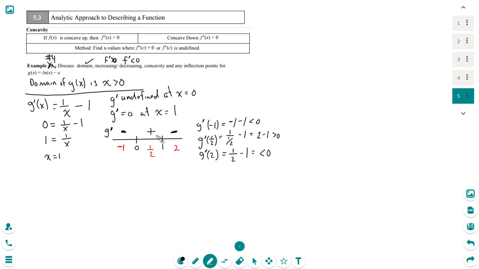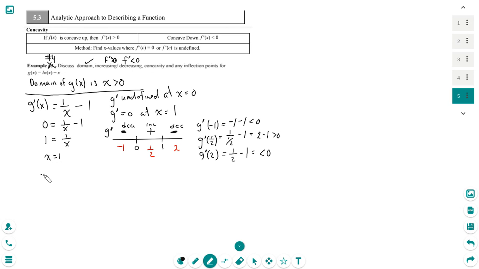And so now I need to state my conclusions about this. So where g prime is negative, that means that the original function is decreasing. So g is decreasing in the first and the third region, and then g prime is positive here, so g is increasing.